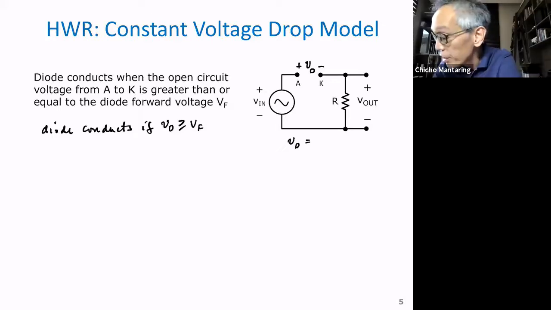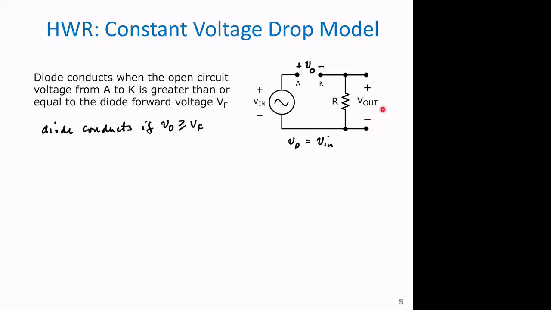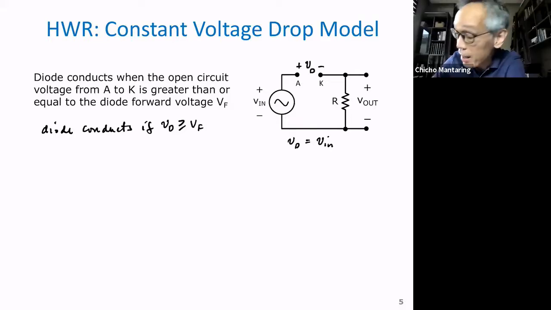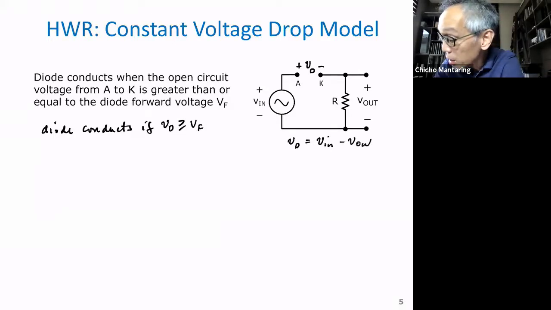Yeah, V of N, ano? Actually, if you look at this circuit, if you apply KVL, V of D is V of in minus V of out. Pero dahil open circuit ito, ang value ng V out natin is equal to 0. Okay? So V of D is equal to V in.